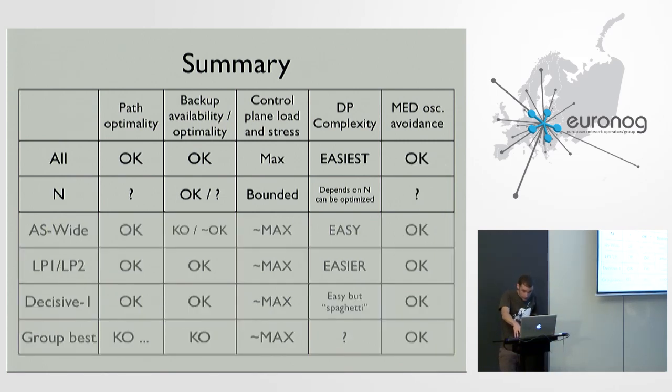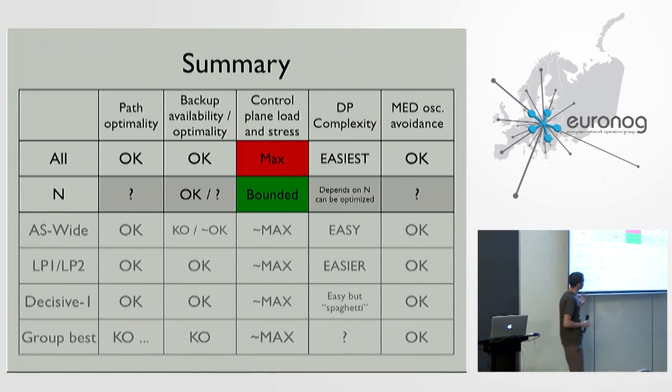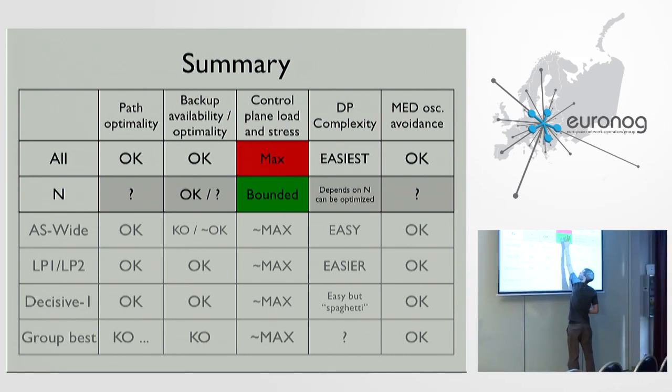I will skip this because I'm super late. So what remains when we have skimmed these and the ones that are defined to avoid MED oscillations? Well, we have Add-All and we have Add-N. The nice fact with Add-N is that it's bounded.